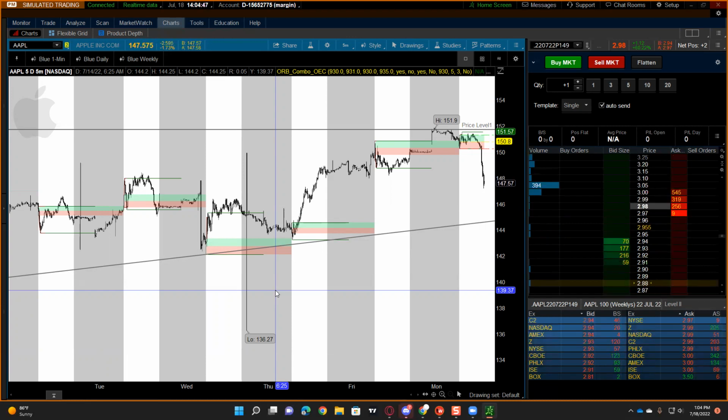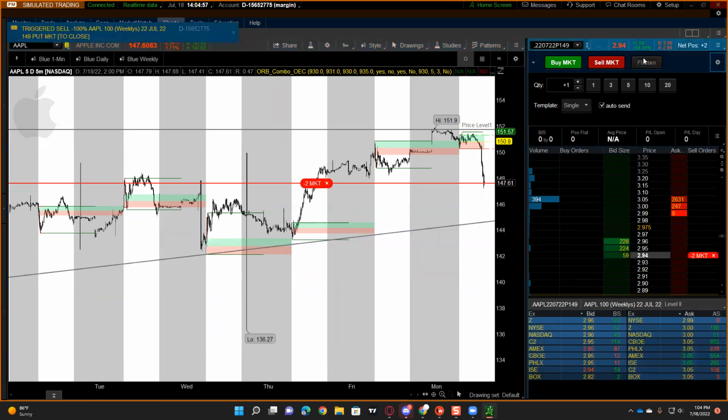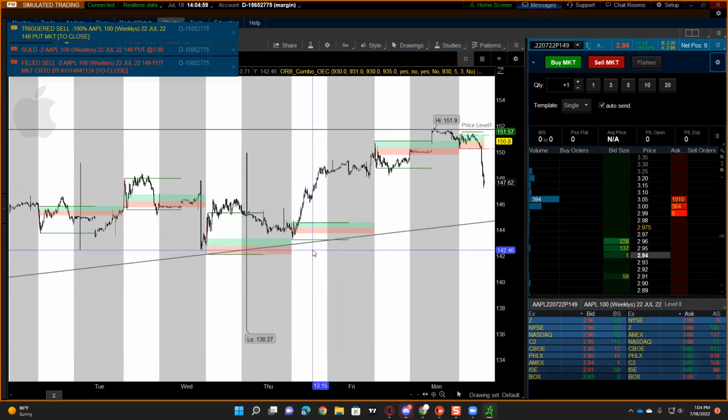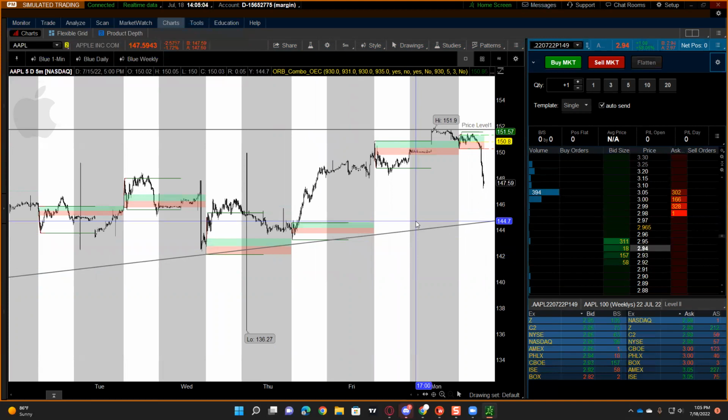All right, guys, so this was a paper trading introduction on the options side of things, using the DOM a little bit, and perhaps just a quick discussion on what we're looking for, money management.